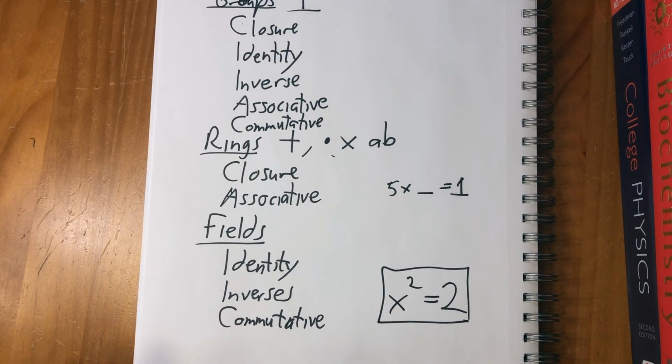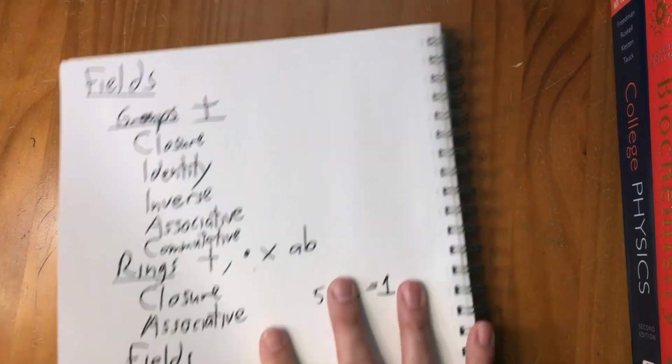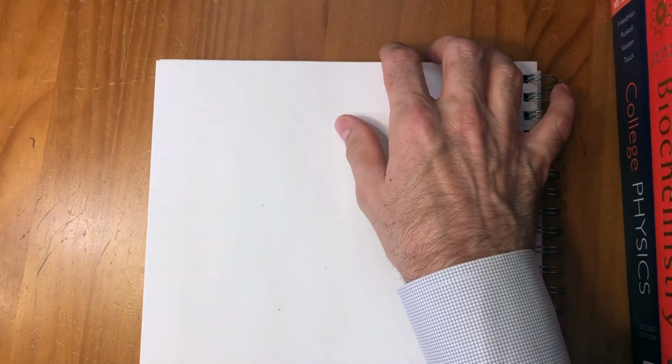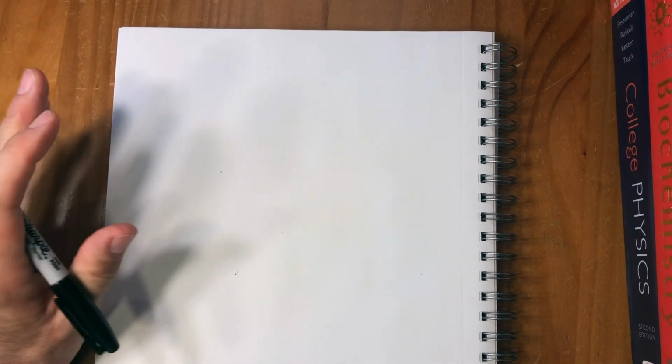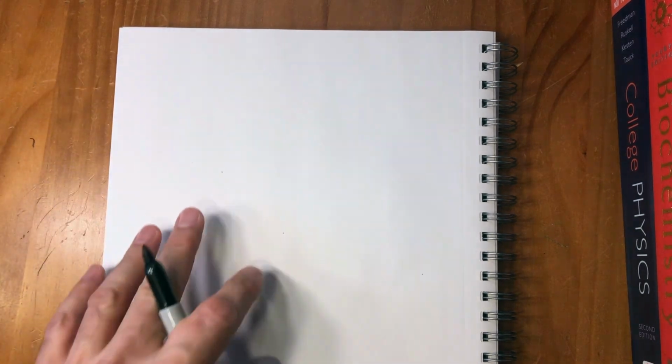So we're trying to make a field that will allow that to be true. So, okay. What we're going to do with this video is I'm going to show you the axioms more formally, and then we'll look at the consequences of these, because there are a whole lot of properties of fields that are not actually a part of the definition. And then we'll look at an ordered field, and then we'll be ready to look at real numbers.